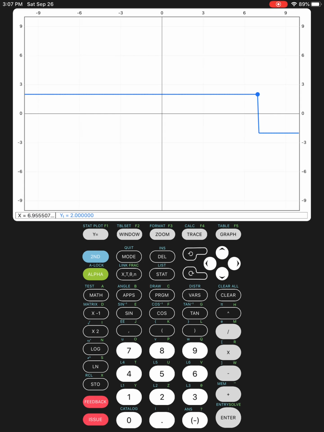It looks like it has that straight blue bar, but that's just because that's what the calculator does when there's no value there. That's how it deals with jump discontinuities.